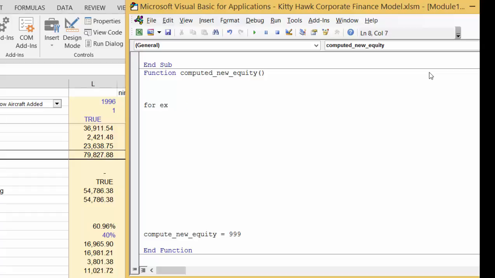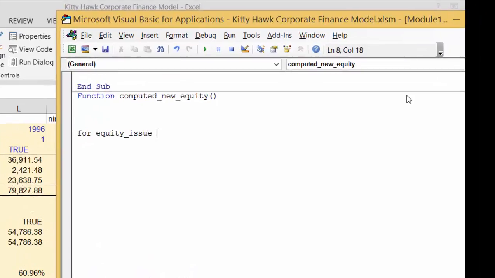Put equity issue equals start to finish step. That means it goes up by varying amounts, the increment.